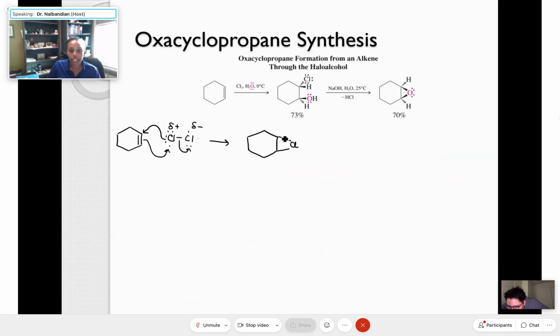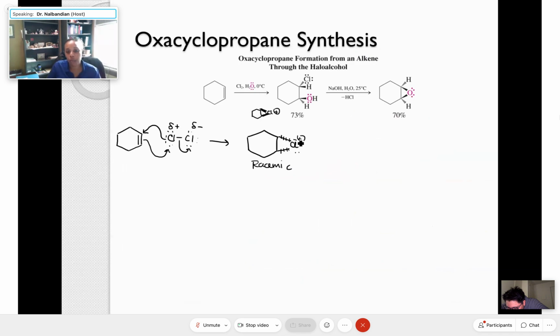So I can do this dashed line with a positive charge, but you know that this is racemic. You know that the enantiomer exists where the chlorine is on wedges instead of dashes. So we just write racemic underneath this.